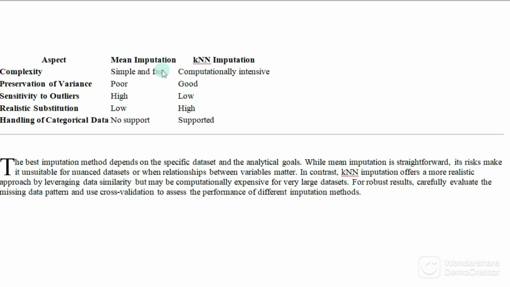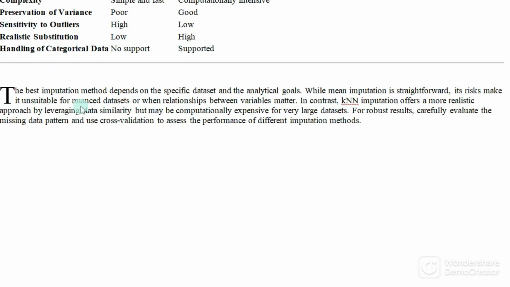Realistic substitution में mean imputation में low, KNN imputation में high. And the handling of categorical data, तो mean imputation में तो कोई support ही नहीं होता है, KNN में होता है support. So in the last we can say the best imputation method depends on the specific data set and the analytical goals, as we have talked about earlier.